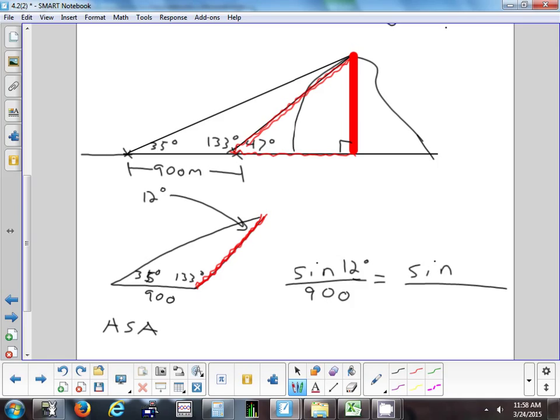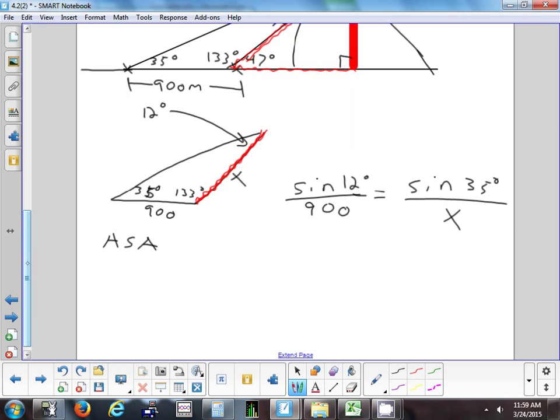The 35 or the 133? 35, that's across from it. Let's call the side in red X. That's X. Okay, so X is going to be 900 sine 35 divided by sine 12.